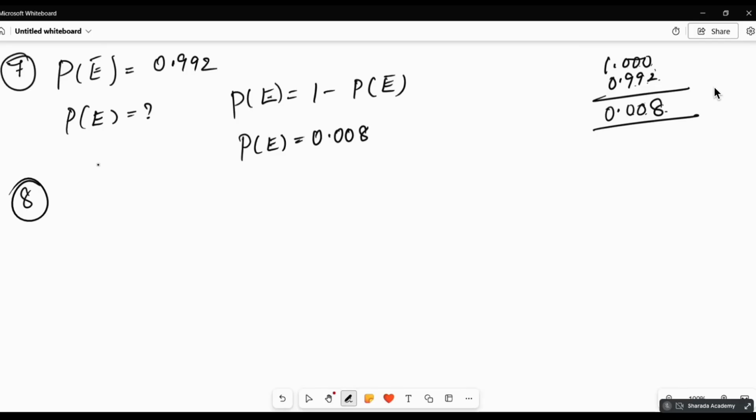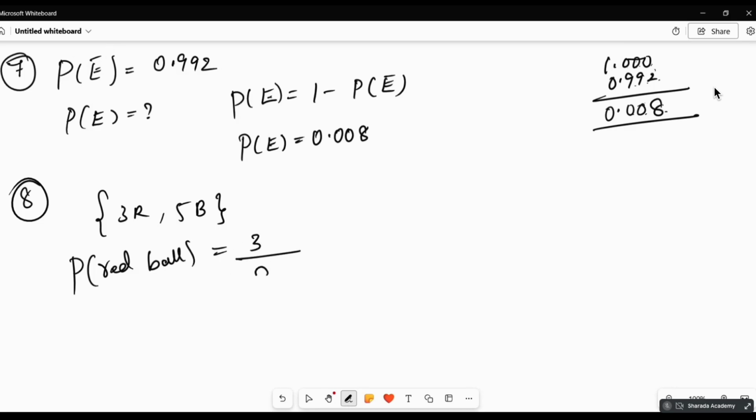It contains three red balls and five black balls. So what is the probability that they get the red ball? The favorable number is 3. The total is 8. Not red ball. Okay.